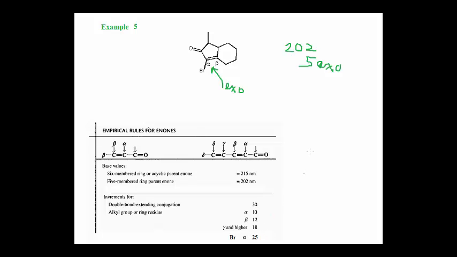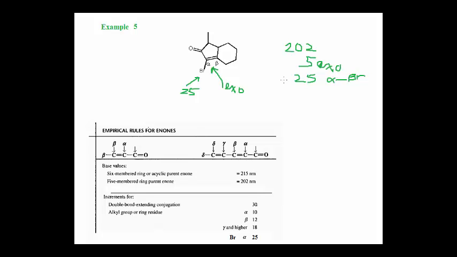We add 25 nanometers to that. So add 25. That's alpha bromine.